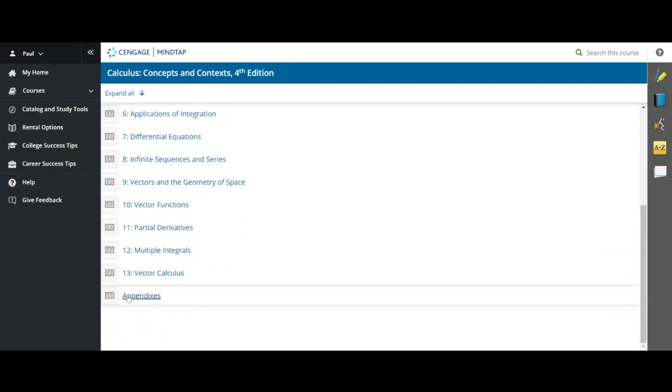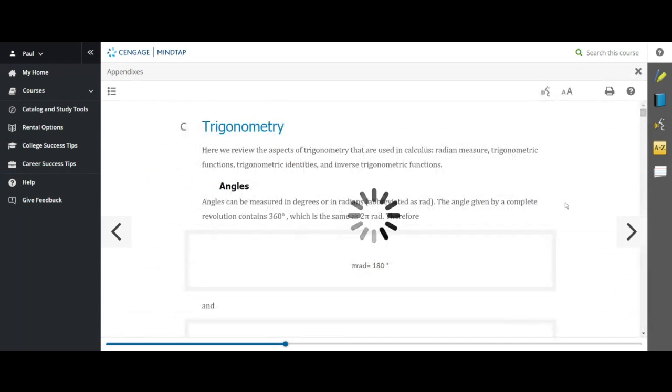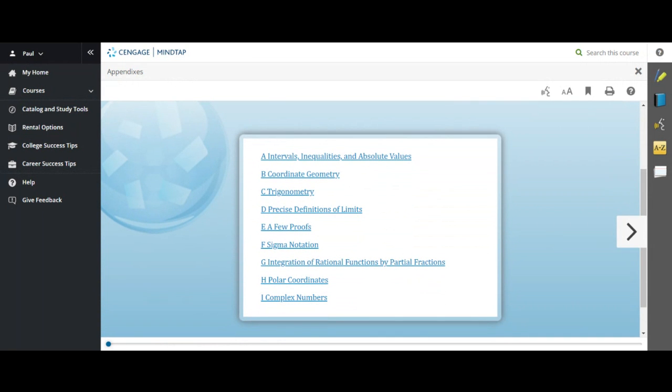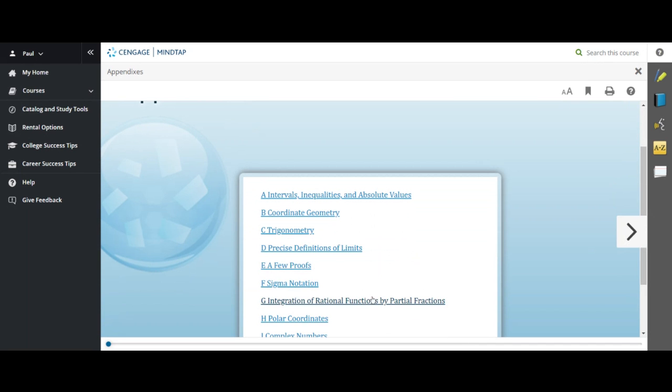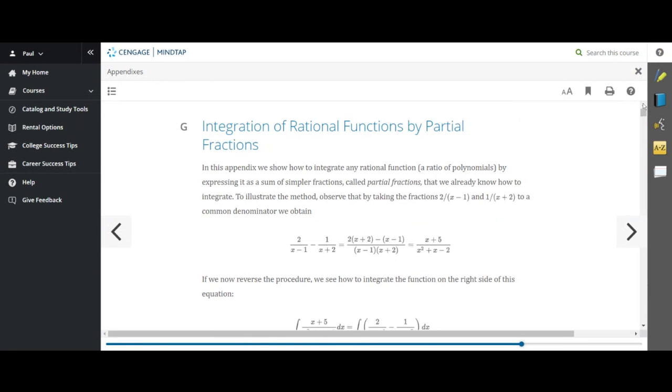If we go to the appendices, we talked about there's a trigonometric appendix, but also an appendix G on integration of rational functions by partial fractions. There are going to be a few problems in your homework, the one that's due Sunday, from that appendix G. It gives a more thorough treatment of partial fractions.